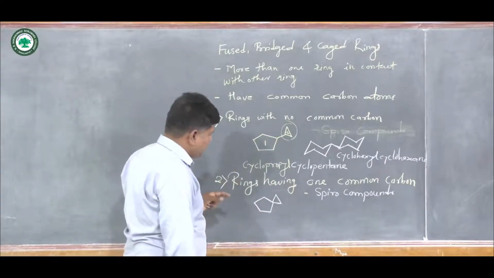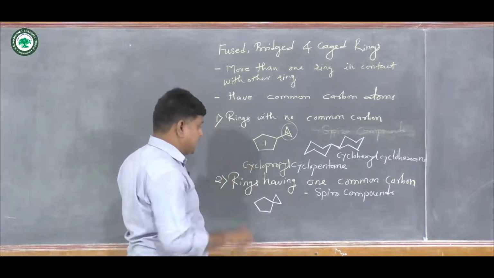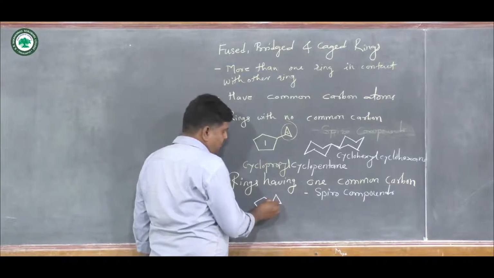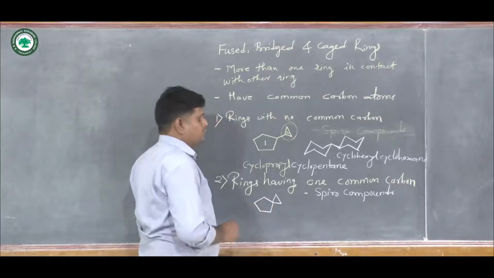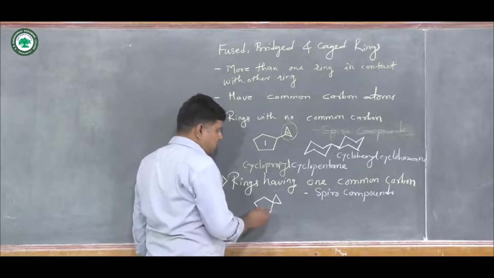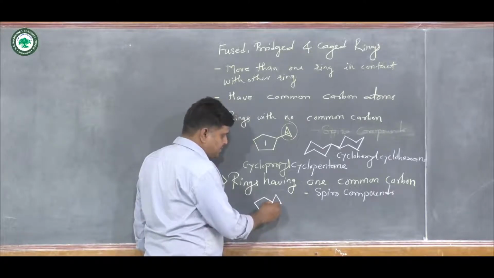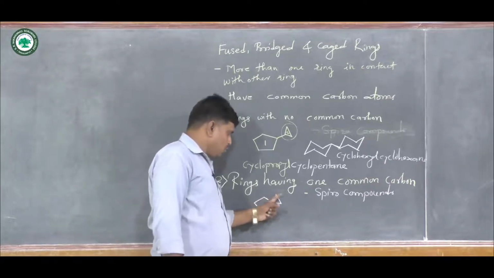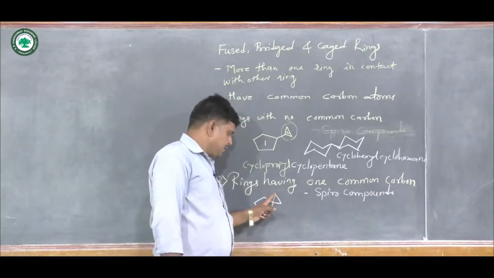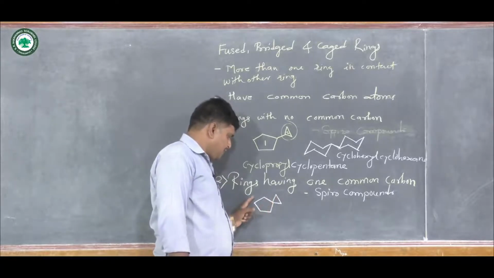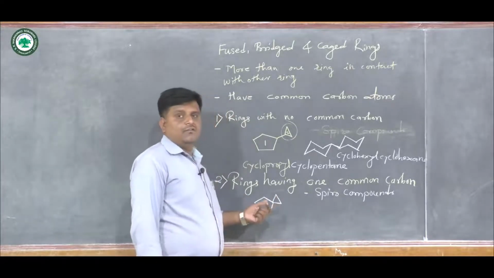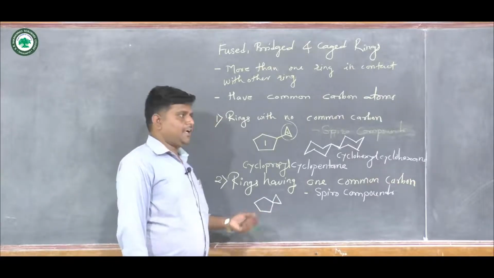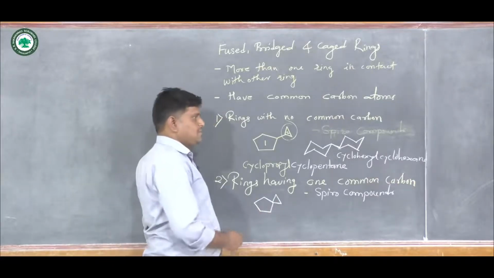But now, taking the same example with no bond between the two rings, one carbon atom is common to both. The 3-membered ring contains 3 carbon atoms and the 5-membered ring contains 5, but counting both, there are not 8 carbons.